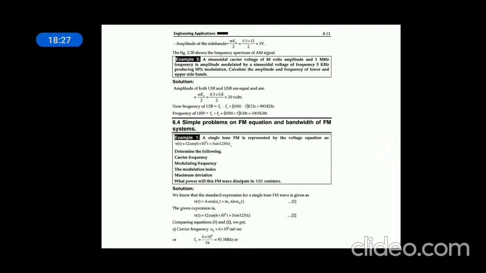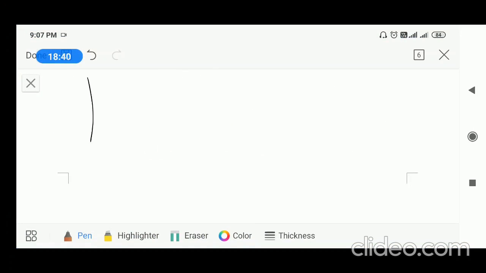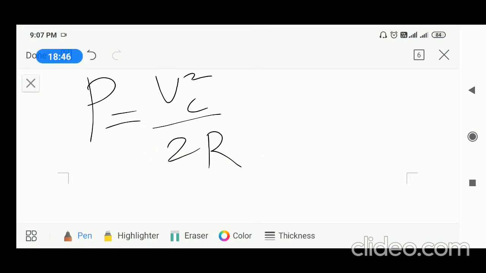Power dissipated in 10 ohm resistor. The next problem is, what power will this FM wave dissipate in a 10 ohm resistor? As you know, the power is constant in FM, whose value is power is equal to Vc square by 2R. Vc is 12, so 12 square divided by 2 into R, 10 ohms.